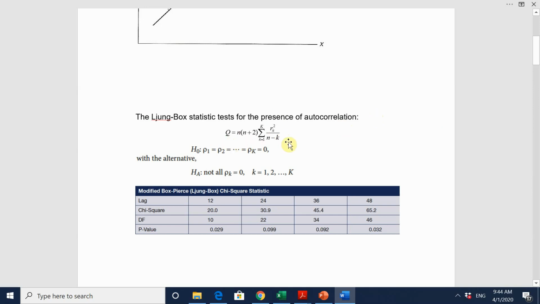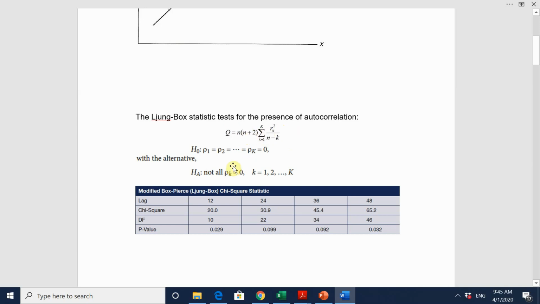This is the Q statistic. As you can see, it is a function of the sample correlation coefficients over K time lags, squared and divided by N minus K. That is the form of the Q statistic, multiplied here by some coefficient.